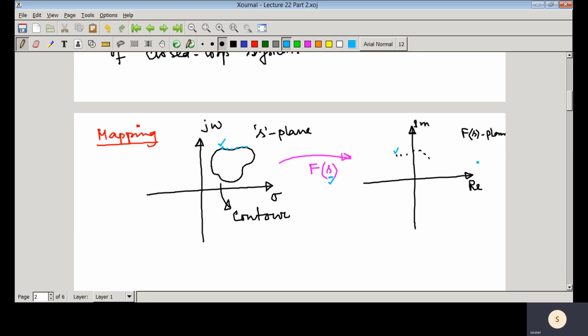If we get those values, from complex analysis we know that in the F(s) plane we'll also have a contour like that.